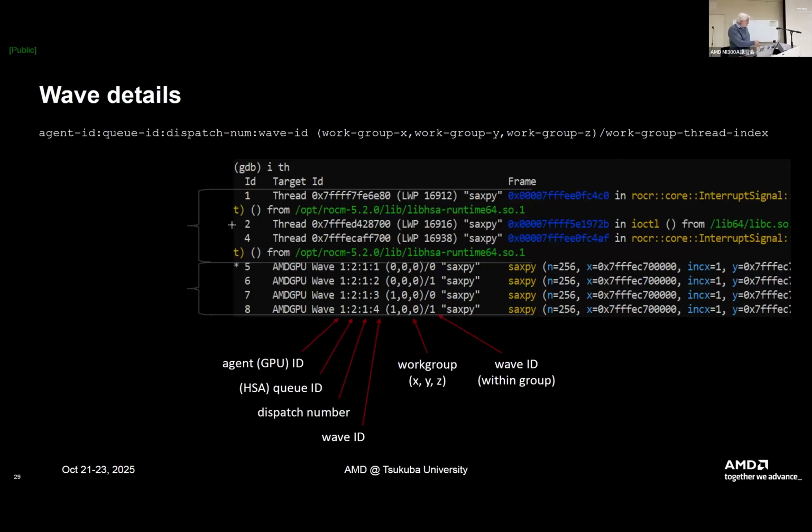We can get the wave ID over here, 1 through 4. We can get what work group we're on, up to 3D, though we're only doing 1D here. We've got a lot of information, but if you're really debugging something deep, it's going to take an effort to track all that information, especially if you have 1,000 data items running on the GPU. That's why we want to get it small.